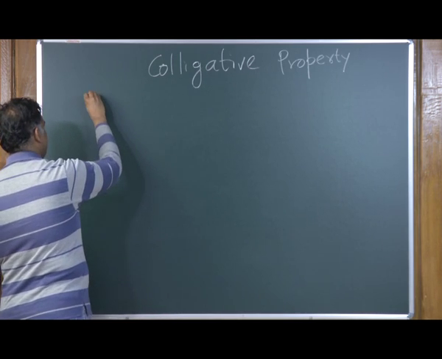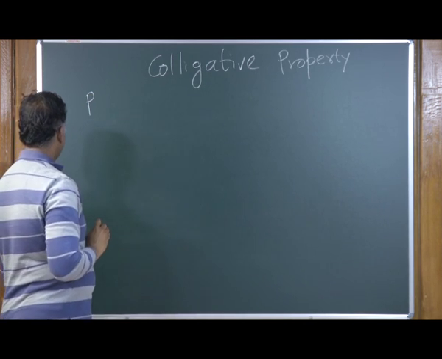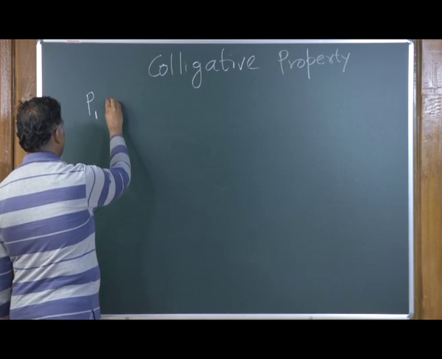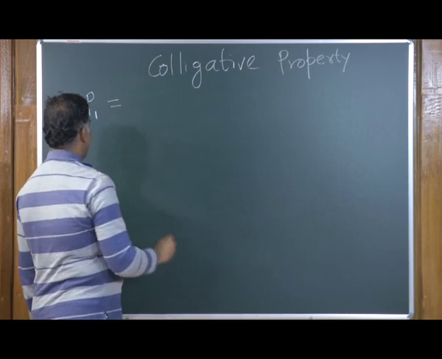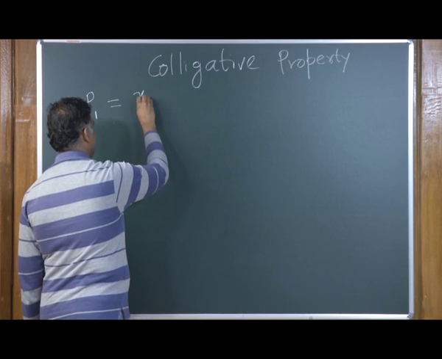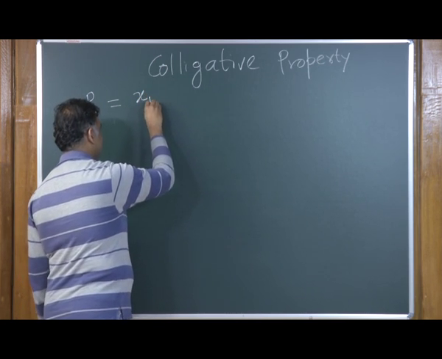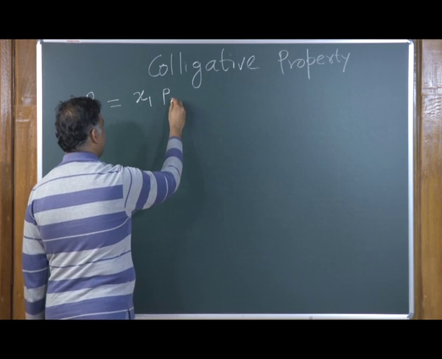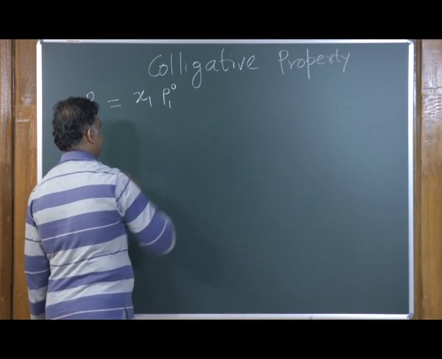The vapor pressure of solvent in solution is given by the mole fraction of solvent multiplied by the vapor pressure of pure solvent.